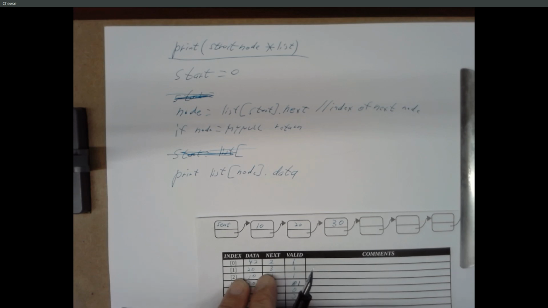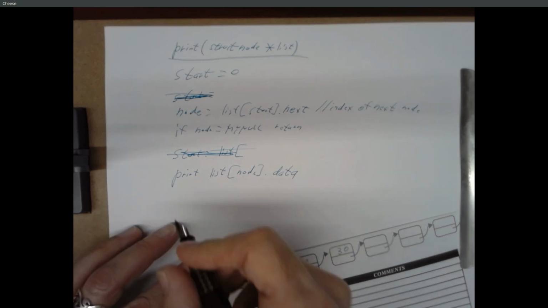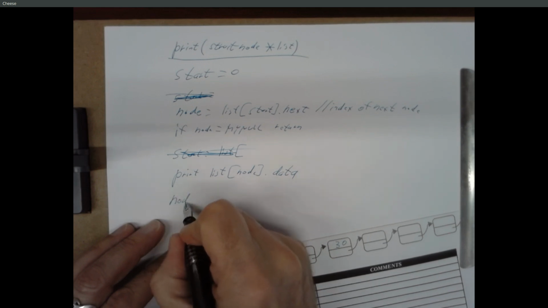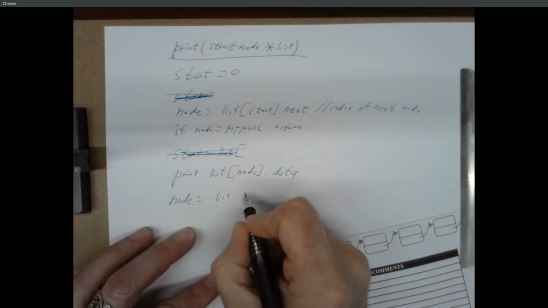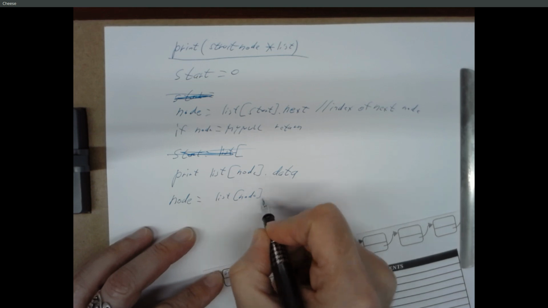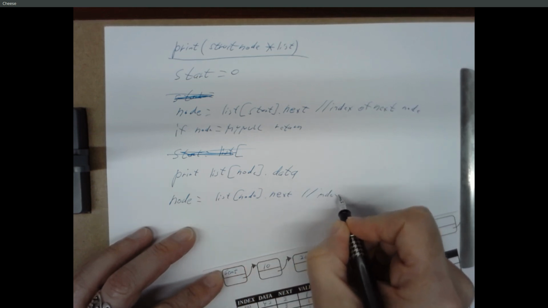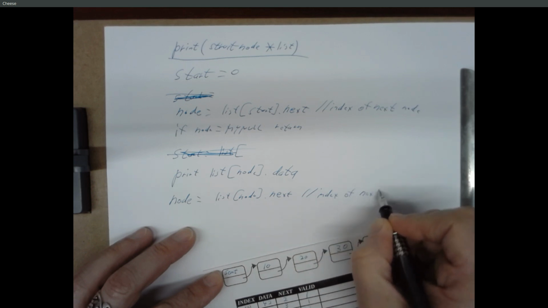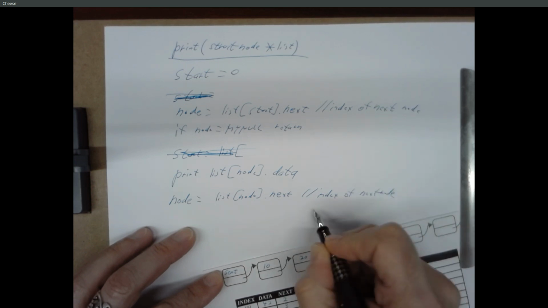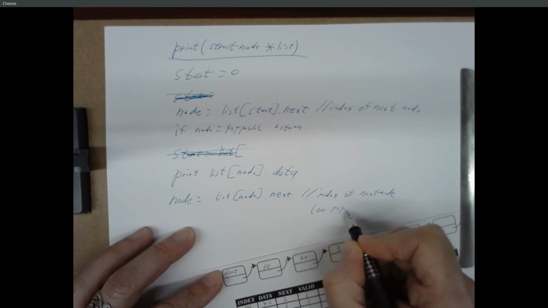Okay, so how do we get to the next node? Yeah, so we want to look at list bracket node dot next. So this is the index of the next node, or maybe my null.